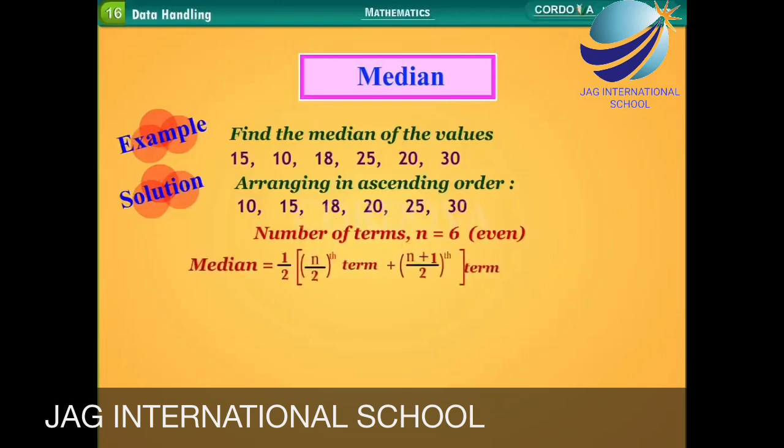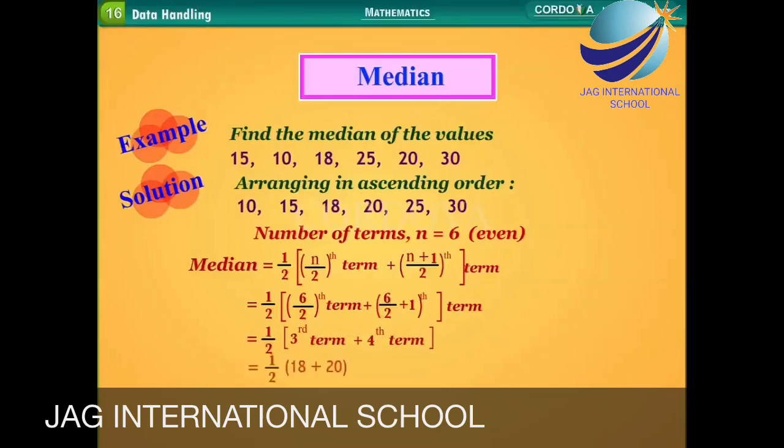Median is equal to half of the (n/2)th term plus the (n/2 + 1)th term, which is equal to half of the (6/2)th term plus the (6/2 + 1)th term, which is equal to half of the third term plus the fourth term, which is equal to half of 18 plus 20, which is equal to half into 38, which is equal to 19. Hence, median is 19.